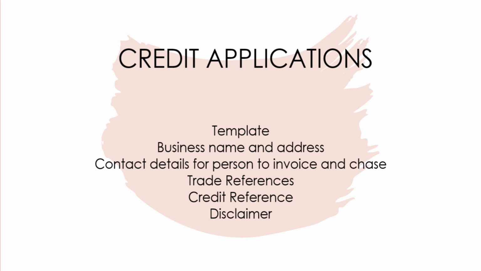The more contact details, the better. Also, request the contact details for the person to invoice and chase. You're going to need this at a later time anyway, when you invoice the customer or chase them for payment. So it just makes sense to get everything you need from the beginning, then it's there for you when you need it.